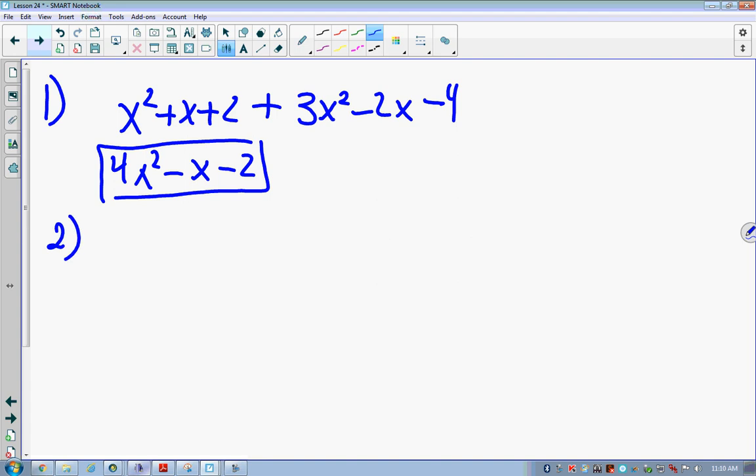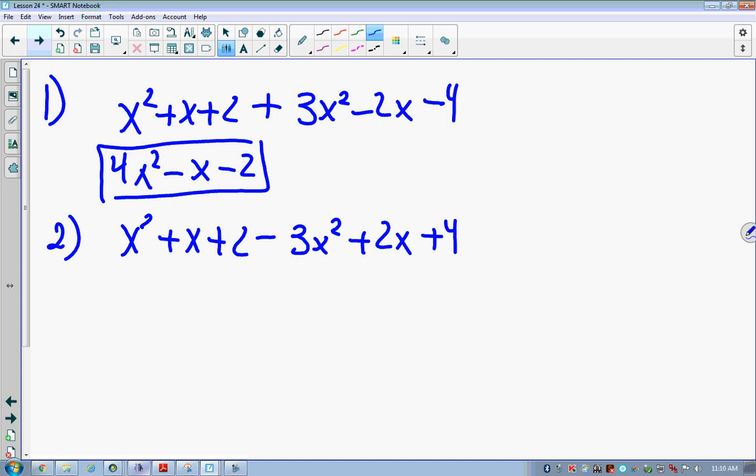All right, 2 wants f of 2, right? So that's 2 squared plus 2 plus 2, right? So what's your answer? Hold on. Oh, we missed one part, didn't we? We missed the minus, correct? x squared plus x plus 2 minus 3x squared plus 2x plus 4.